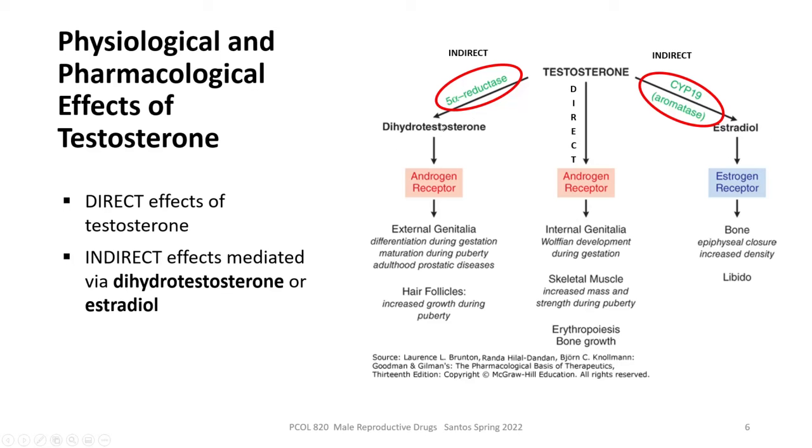Dihydrotestosterone, when binding to the androgen receptor, promotes differentiation of the external genitalia, the hair follicles, and increased growth during puberty. And estradiol binds to the estrogen receptor and is mainly responsible for epiphyseal closure of the bones, increased bone density, as well as stimulation of the libido.